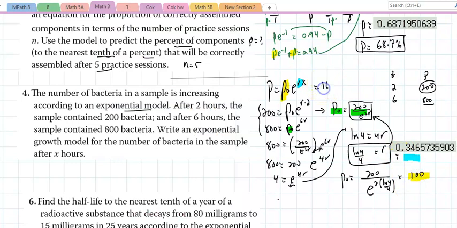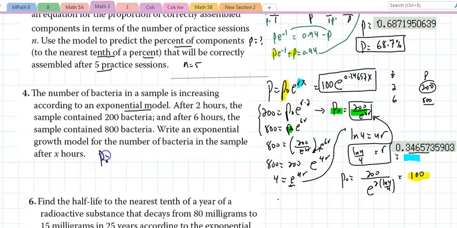So this is, either you say 100 e to the 0.34, at least, if you're going to write it, at least 5 decimals. 0.34657x, and that will be the actual equation.